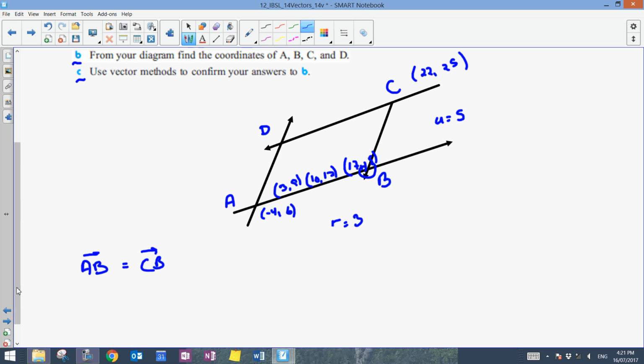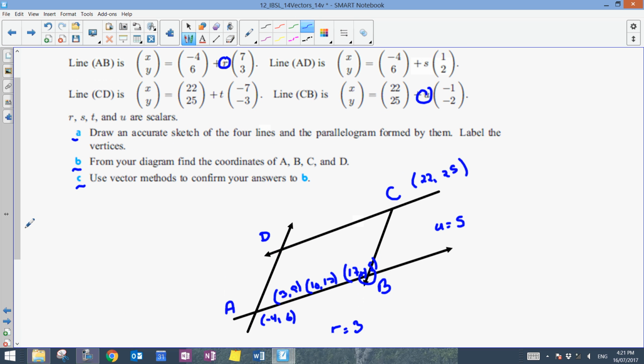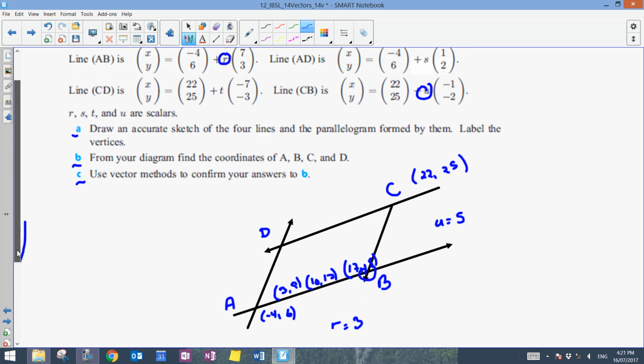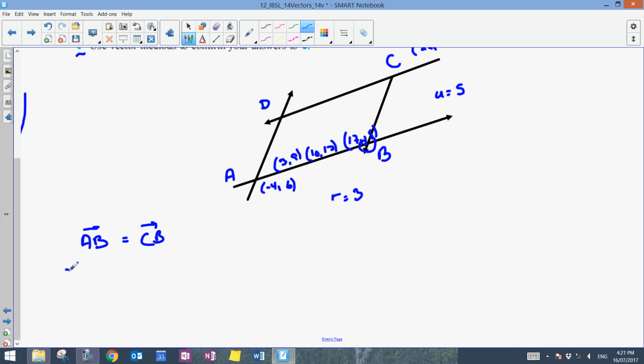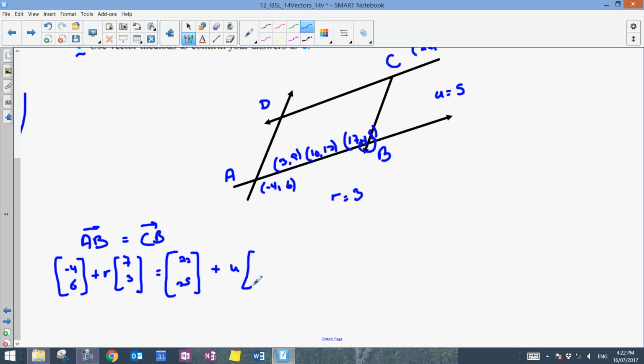My AB is -4, 6 plus R times 7, 3, and I want to set that equal to CB, which is 22, 25 plus U times -1, -2.